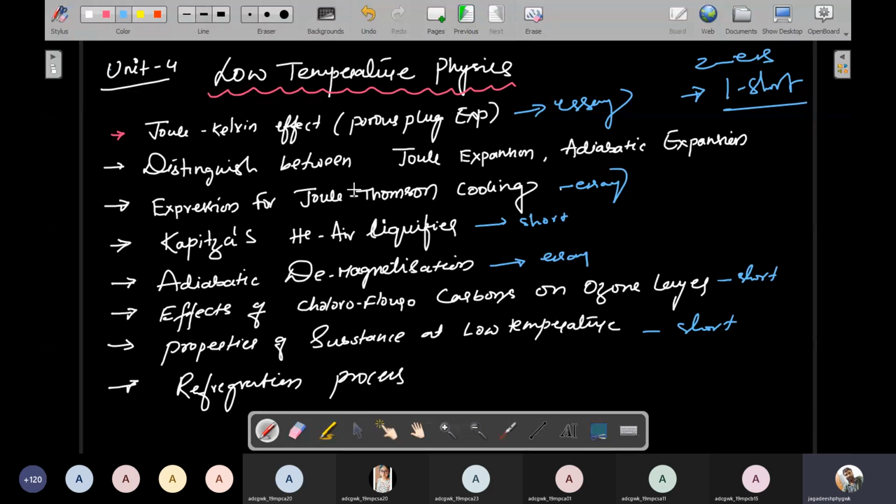If you clearly note all the topics, then you need not worry about the notes also, because what I'm writing on the board is almost like notes. So please note everybody.